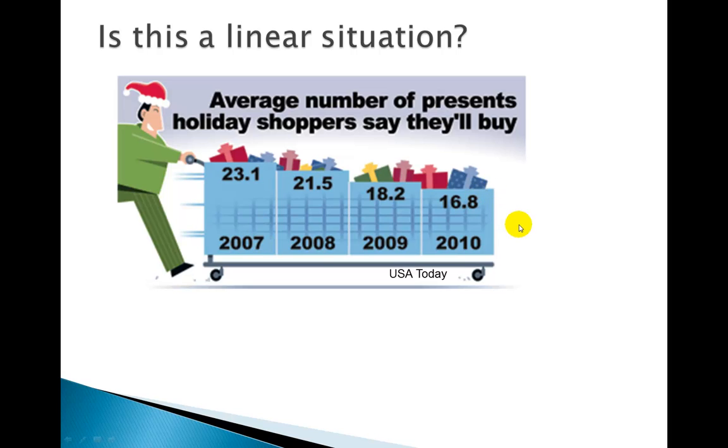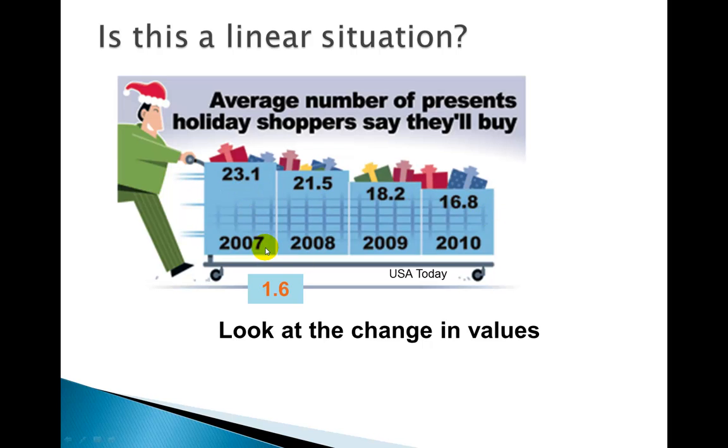So another way to determine whether this is a linear situation is to look at how things change. Okay, so we're going from year to year and we're looking at the presents. So we want to look at the change in values. And I'm talking about these Y values, the number of presents. And so between 2007 and 2008, we had a change of 1.6 presents. Ooh, that's a negative. It went down.